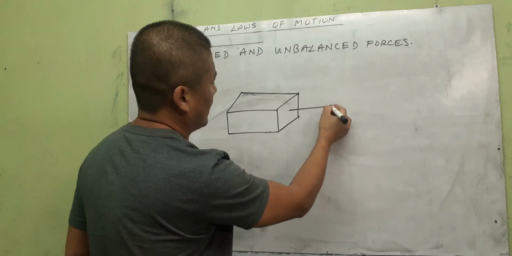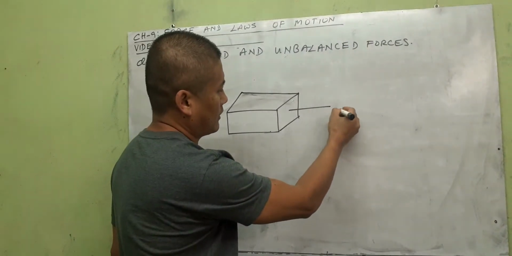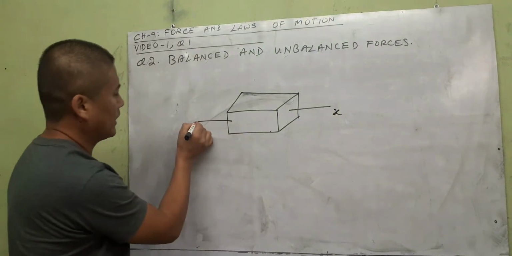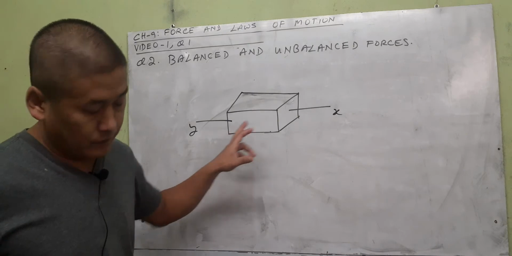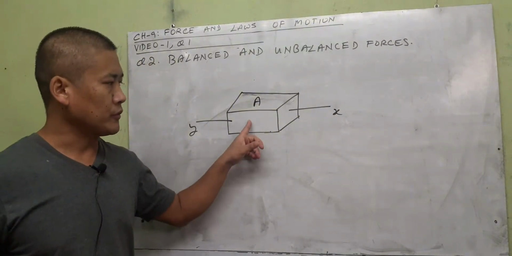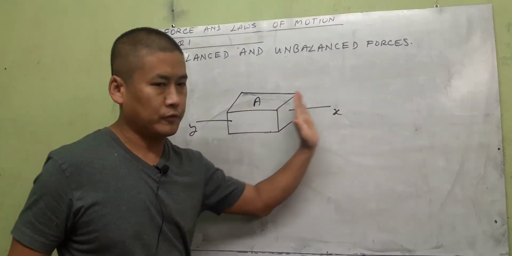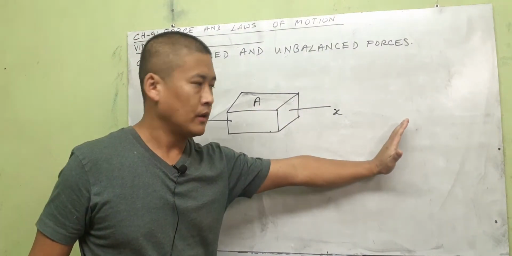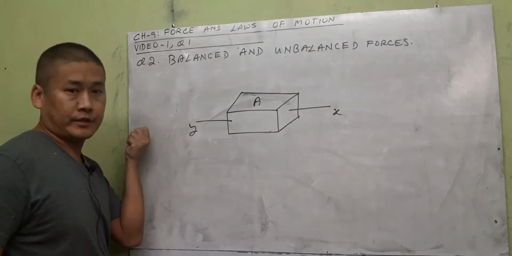We have tied this end to a rope, let us indicate it as X. This side we have tied to another rope, Y. This is the object, wooden block A, let us say. Suppose you pull only this side, the rope X, the box will move towards the right. But if you pull only from the left, Y, it will move towards the left.